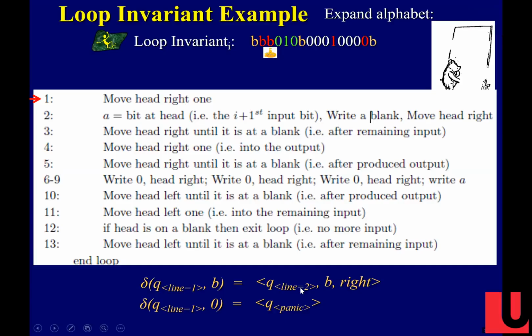So the state panic, would that be an actual thing we write there, or would it just be nothing written in that column? No, here, this is what I'm writing. I'm writing go to the panic state. And what do you do in the panic state? Well, maybe you halt, maybe you write some error message.